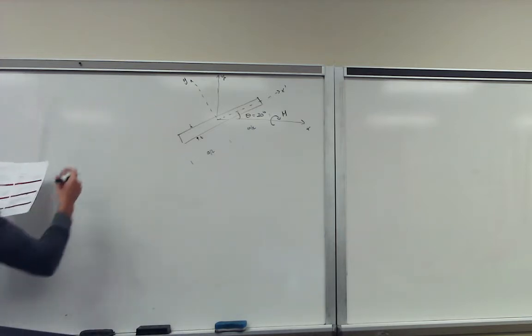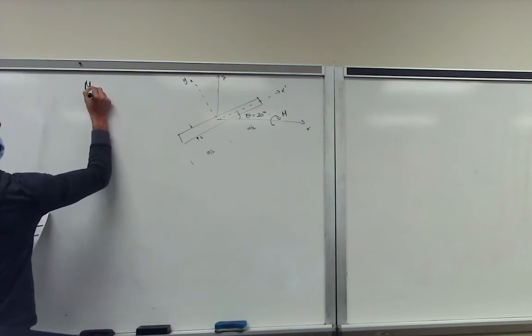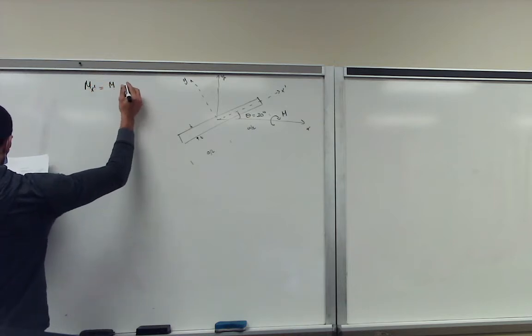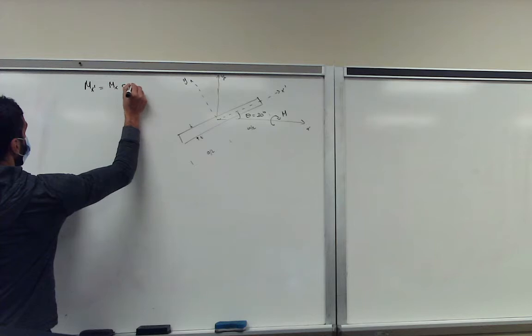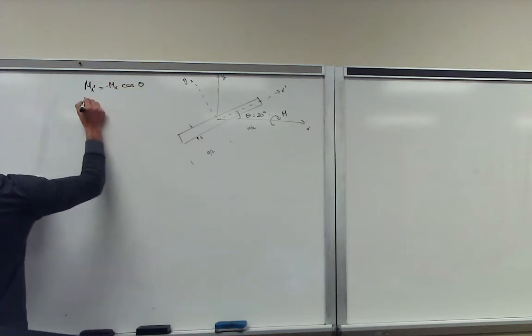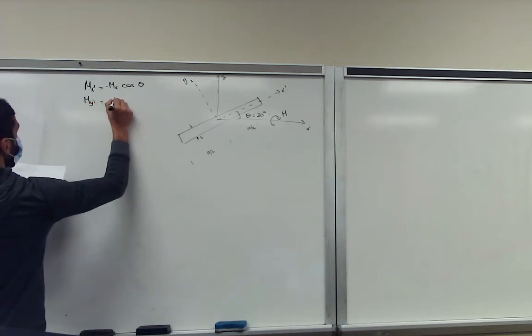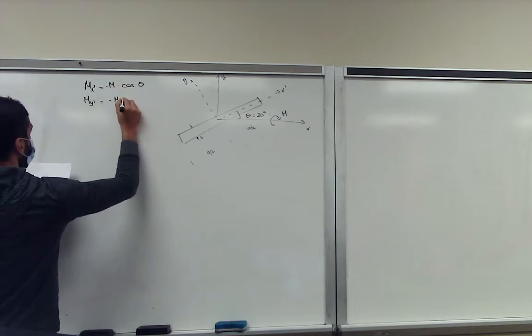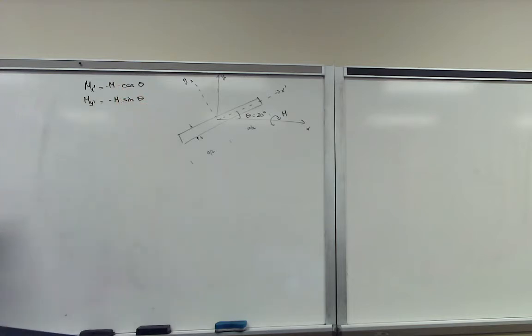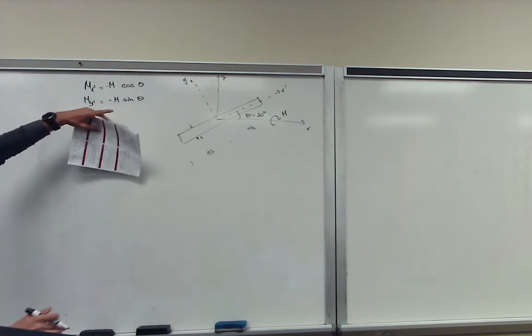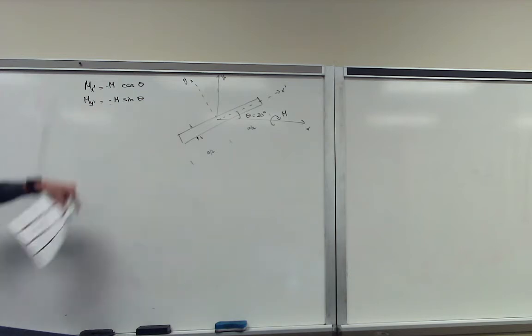What we get is that the moment around the x dash axis is equal to the applied moment, mx cosine theta, and the moment around the y dash axis is equal to minus m sine theta. I will explain in the next slide why this is minus and not positive.